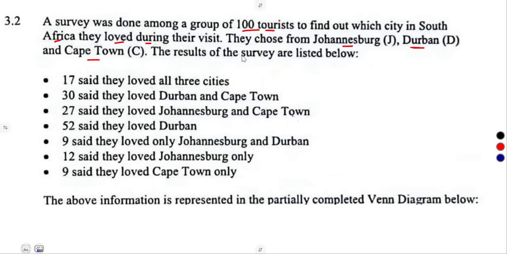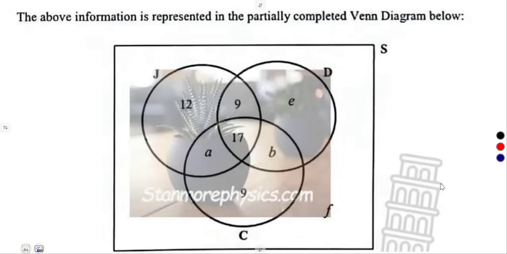The results of the survey are listed below. The above information is represented in a partially completed Venn diagram below. That is, the Venn diagram is not complete. So try to study the information that you are given from the Venn diagram and what you are given originally.